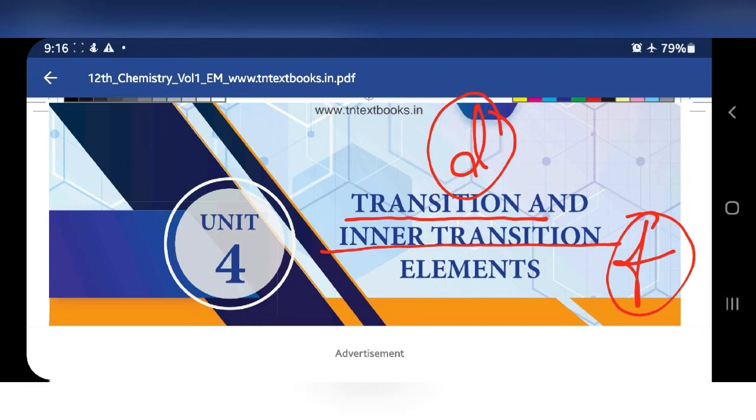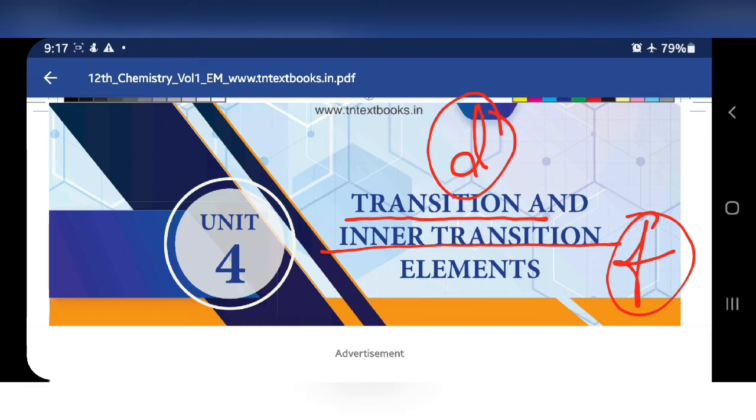In this lesson we are going to study only D and F. In the second lesson and third lesson, we will study about P block elements. So now we shall go to this lesson, transition and inner transition elements.